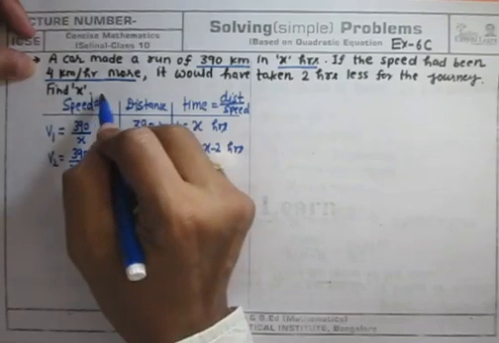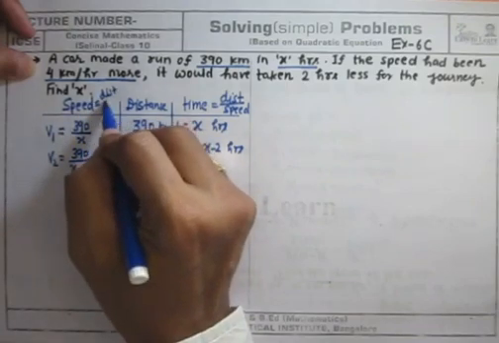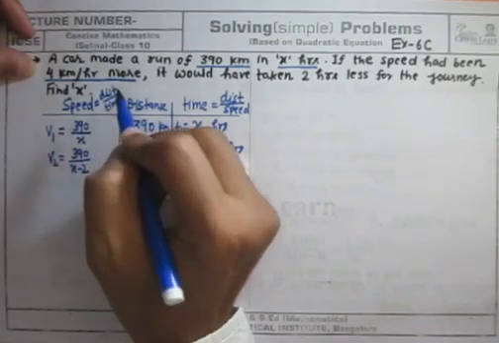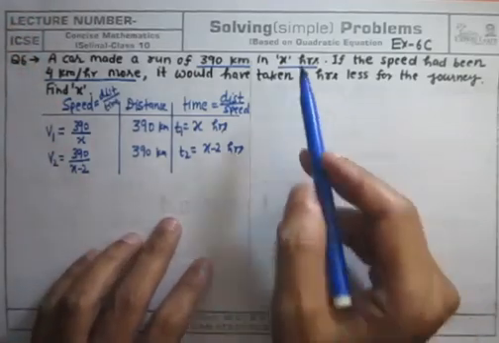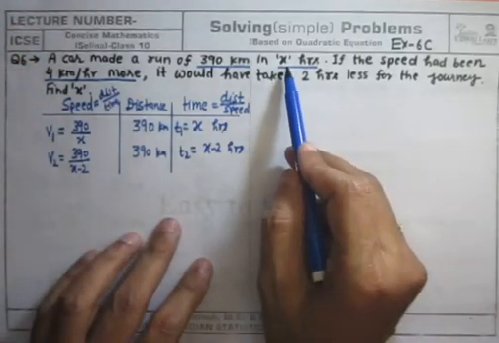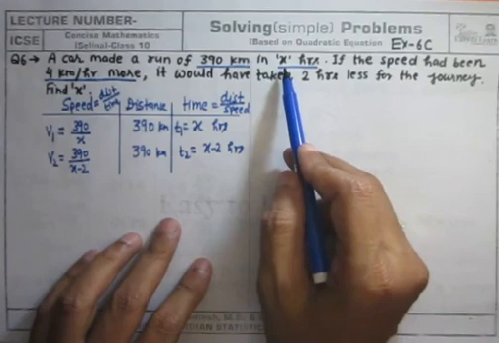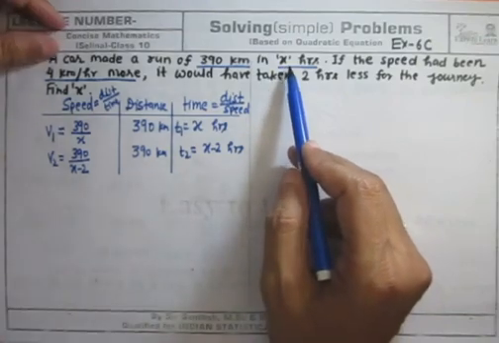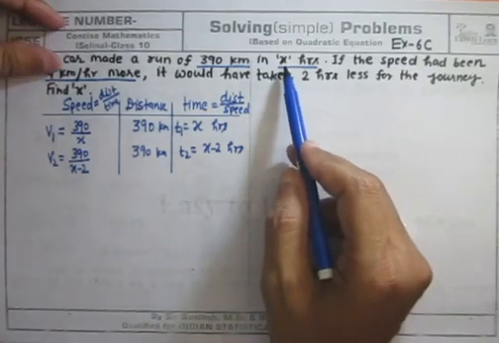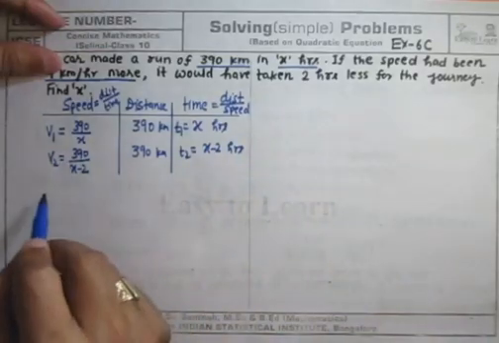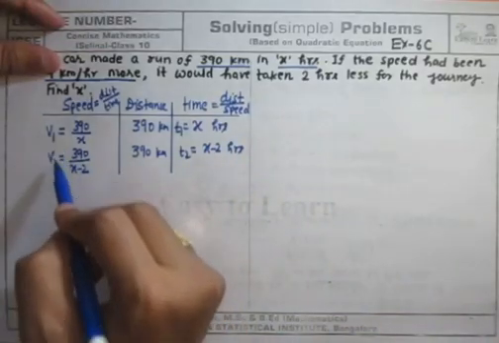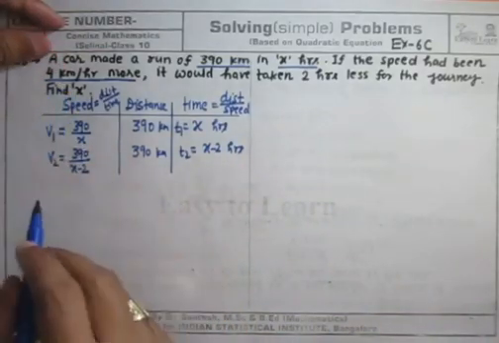Speed is equal to distance by time. So in the question, time is given in terms of x. Clear? So that's why I have written it here.